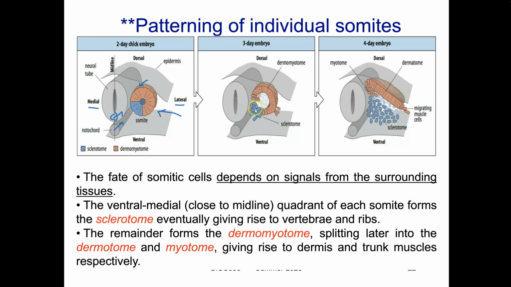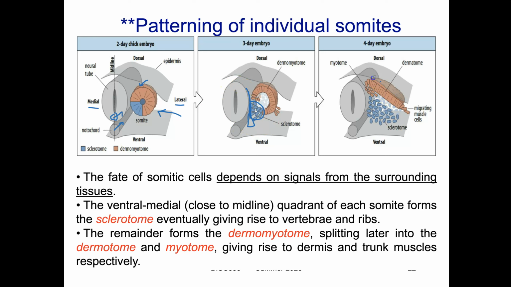And so you can see some changes. So the first thing that happens with that block of tissue is that you see it kind of loosening up closest to the neural tube here, closest to the sort of ventral medial side. And this is the part that's going to form the sclerotome. And so it's going to be moving into this region here because it's going to be forming the vertebrae around the neural tube.